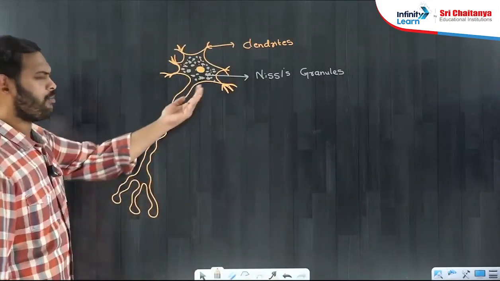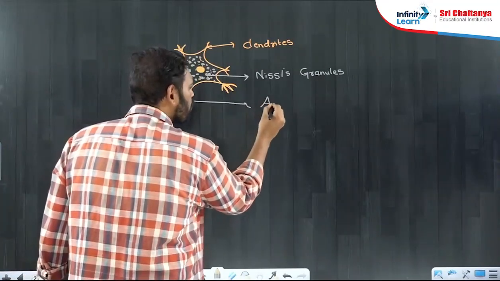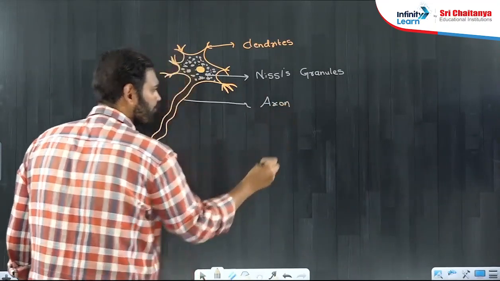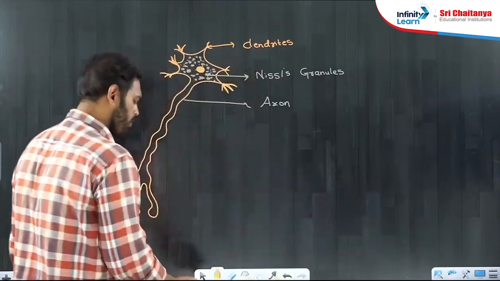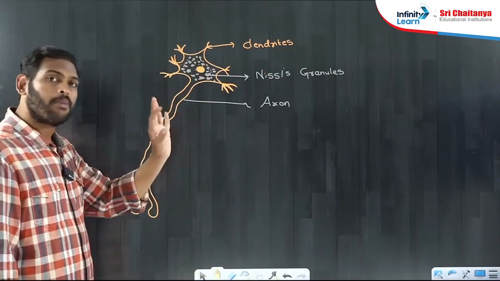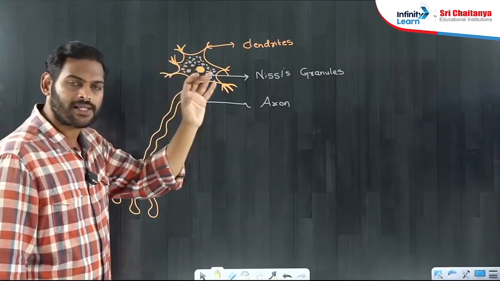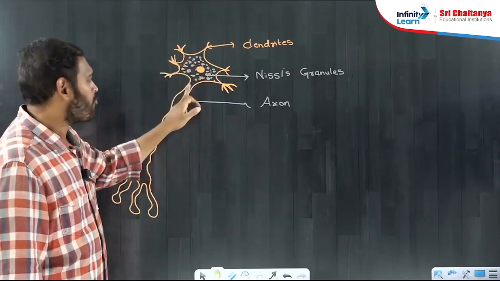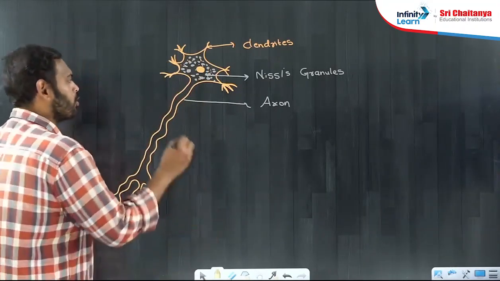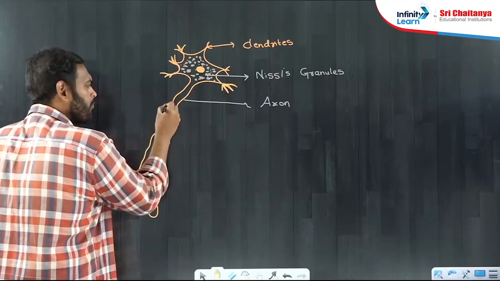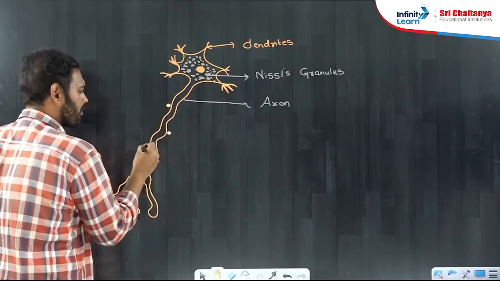Which kind of ribosomes? 80S ribosomes. Okay, and coming below, this elongated portion of the neuron is called the axon. And often the axon might befriend special glial cells, and those glial cells help in formation of a fatty layer around axons, like Schwann cells. Schwann cells come near the axon, they support the axon like this.